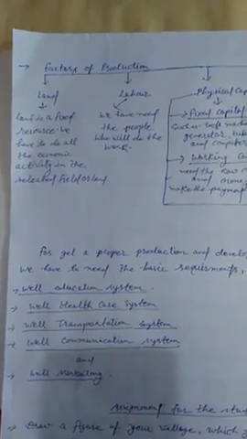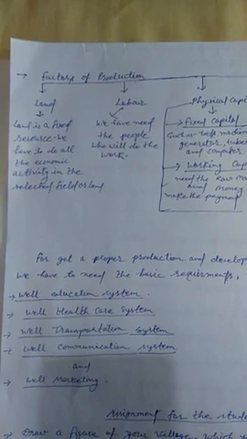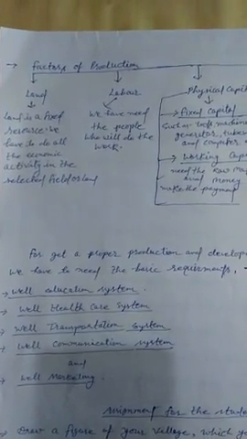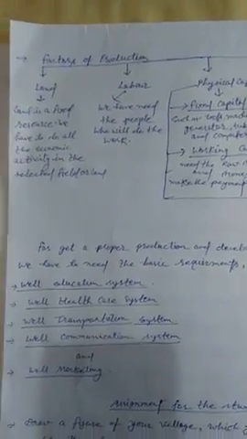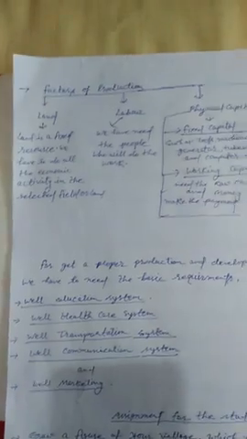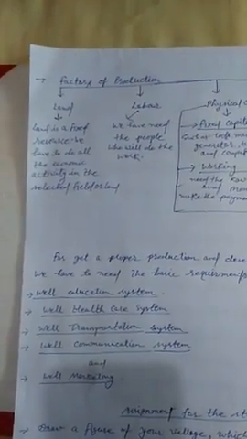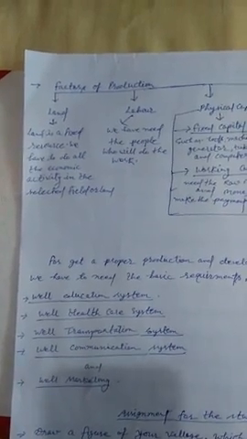Land. Firstly, we will discuss land. Land is a fixed resource. We have to do all the economic activity in the selected fields or land. Firstly, we require land. Without land, we can't get proper production.